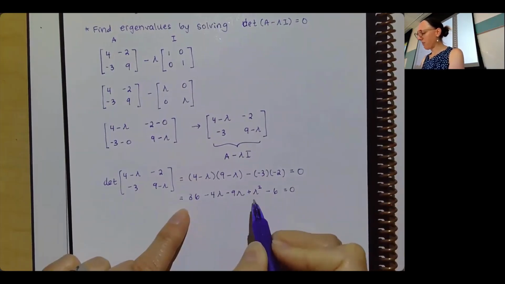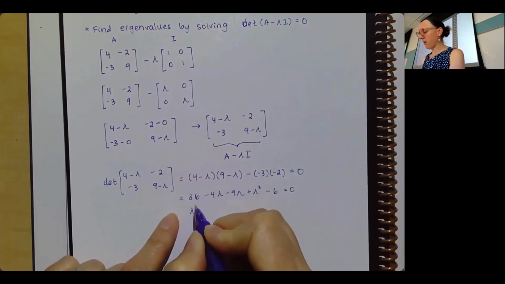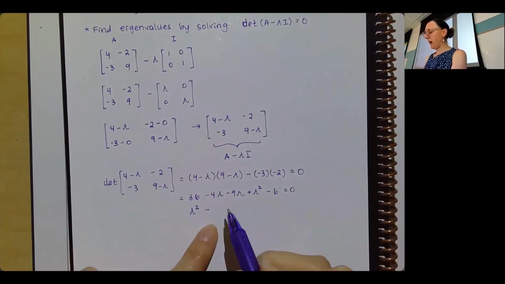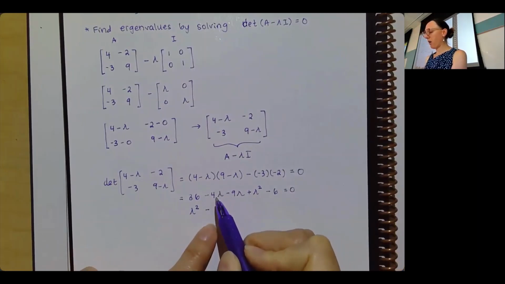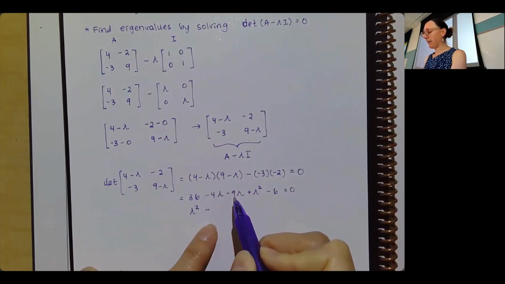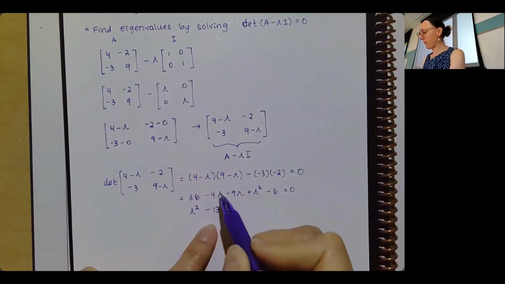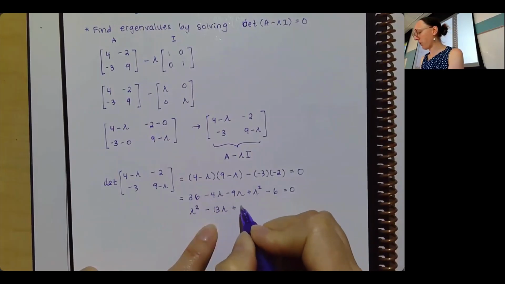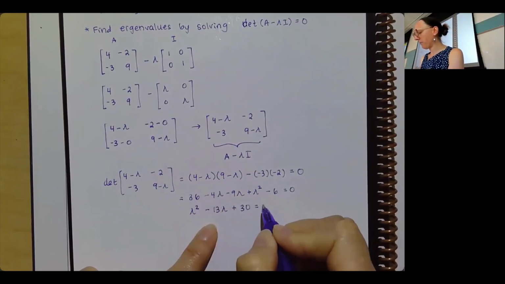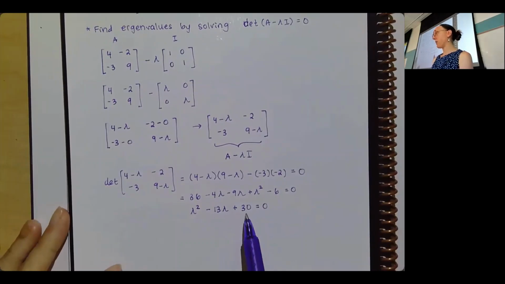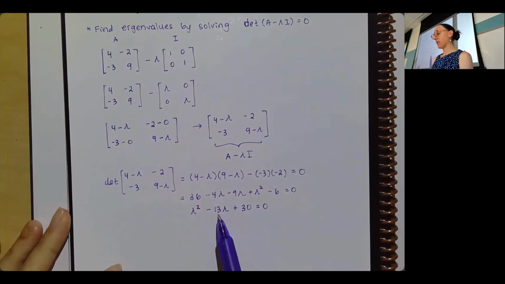So I have a hard time factoring if the squared part is not at the front. Sorry, my hang up doesn't have to be yours. -4, -9. So that's -13 lambda. And then 36 minus 6 should be plus 30. So if I'm going to factor it, I'm looking for two numbers that multiply to be 30 and add up to be -13.